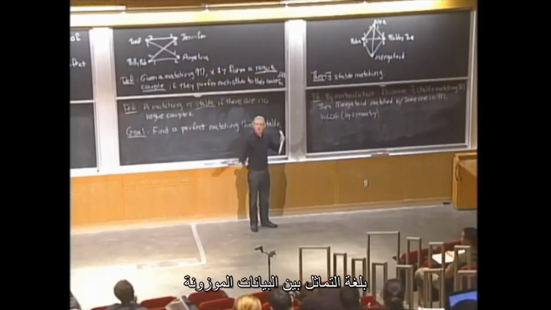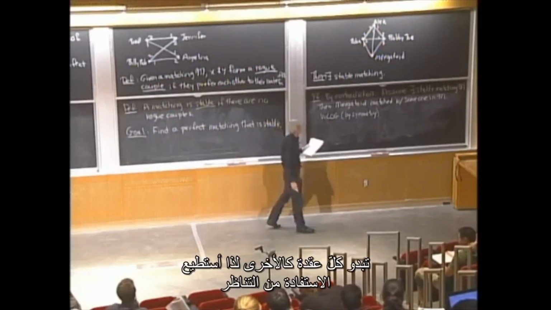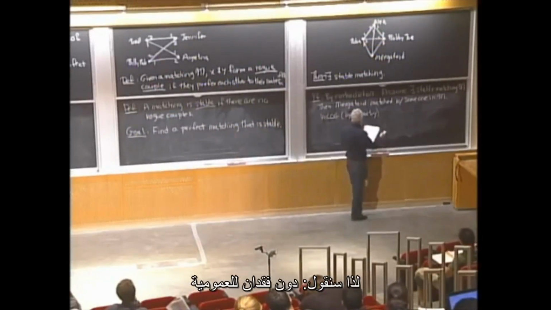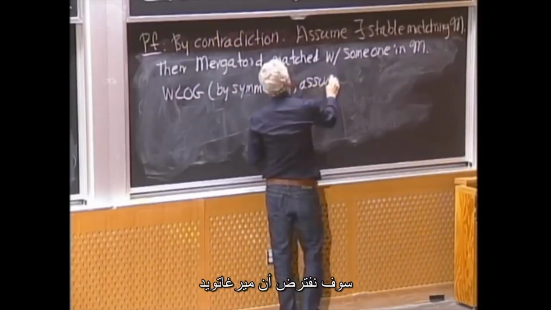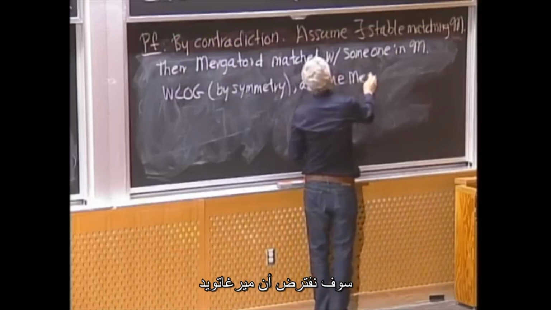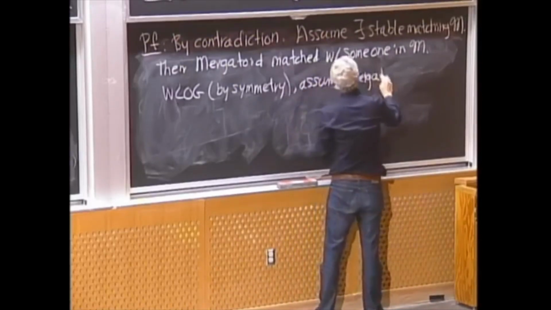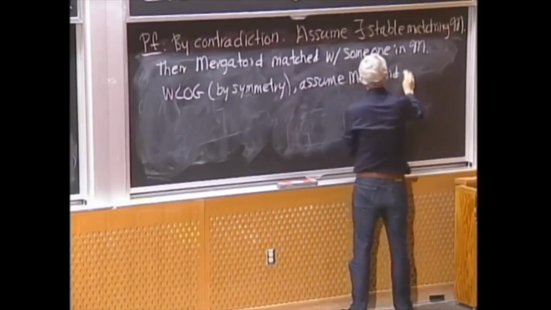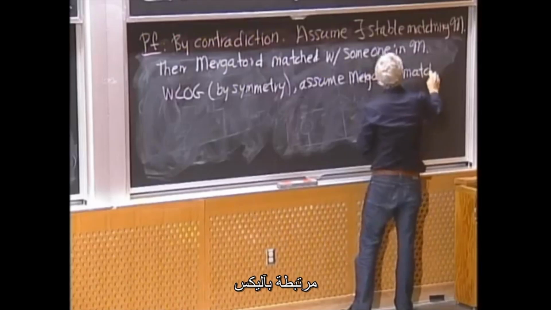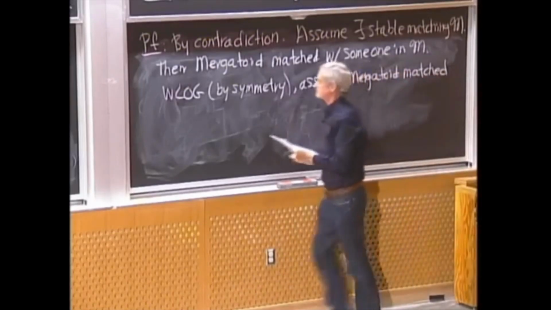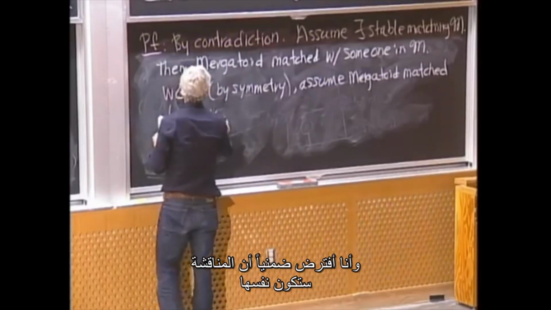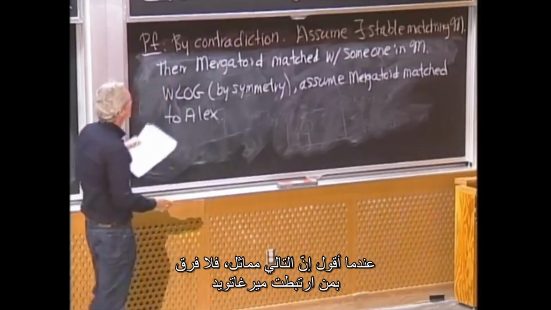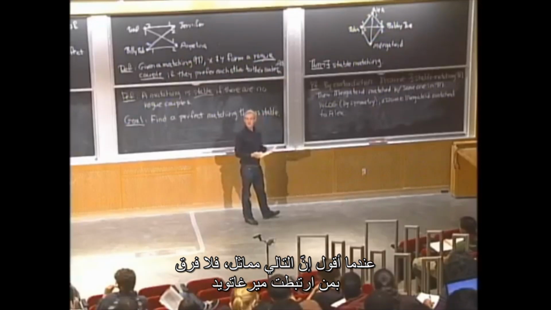In terms of graph isomorphism, with the weights on that, every node looks the same, so I can use symmetry. So without loss of generality, we assume Murgatroyd is matched to Alex, and I'm implying the argument is going to be the same. What I say next is the same no matter who Murgatroyd is matched to, because it's symmetric.